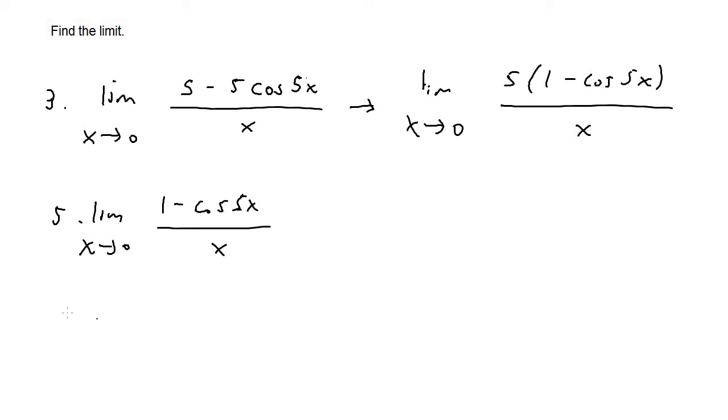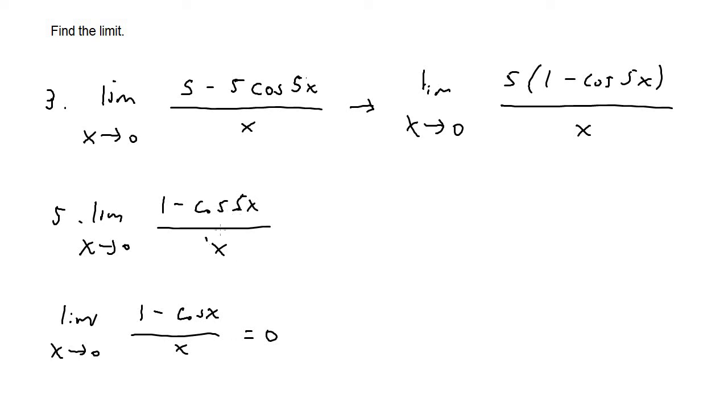Now recognize the special limit here, where the limit as x approaches 0 of 1 minus cosine x over x is equal to 0. But in this case we have 1 minus cosine of 5x over x. Now similar to the sine trig limit, if we have the same coefficients on the numerator and denominator, we can use that limit.